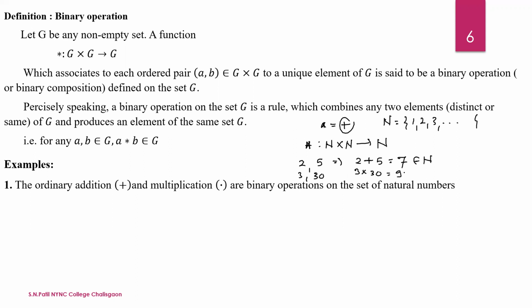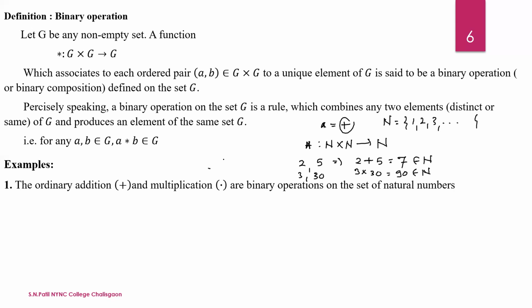We get 90, which again belongs to the set of natural numbers. Take any two numbers and take their multiplication; it should belong to the set of natural numbers. That is, the set of natural numbers is a binary operation with respect to multiplication.